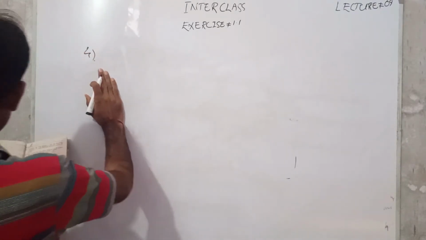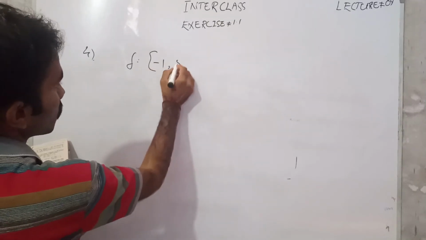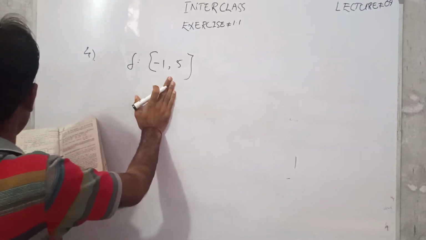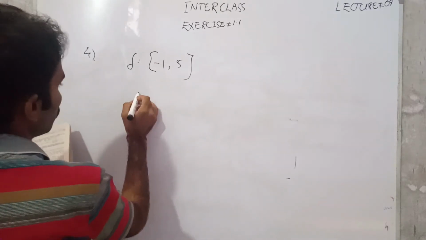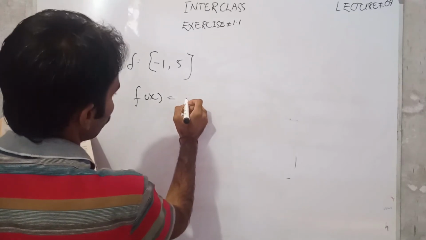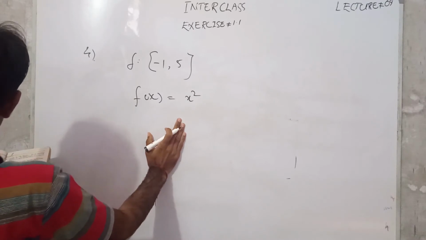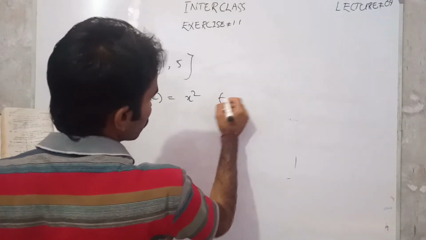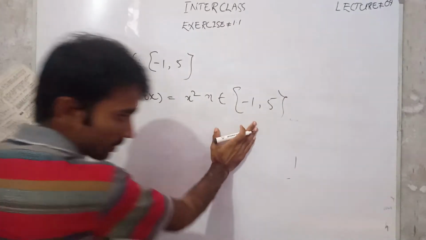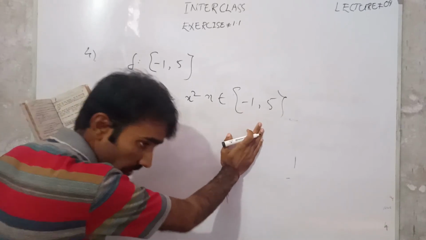In question number 4, f is defined on this interval, so we will find the value in between that, and we have the given expression f of x is equal to x square, because we will take the value in between -1 and 5.